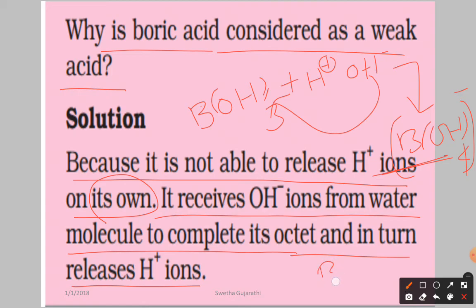Why? Because here around the boron we have 4 OH minus ions, so with 1 bond, 2 electrons, the octet is satisfied.